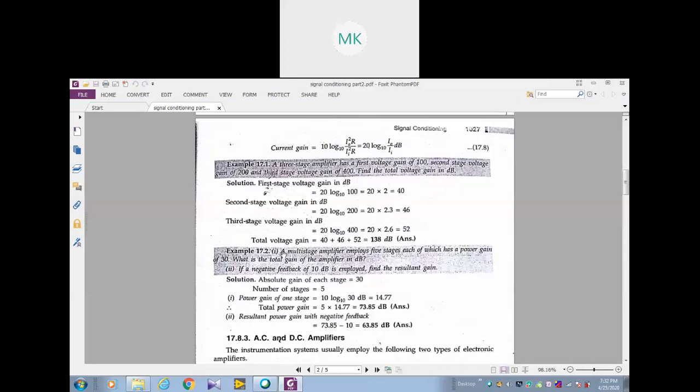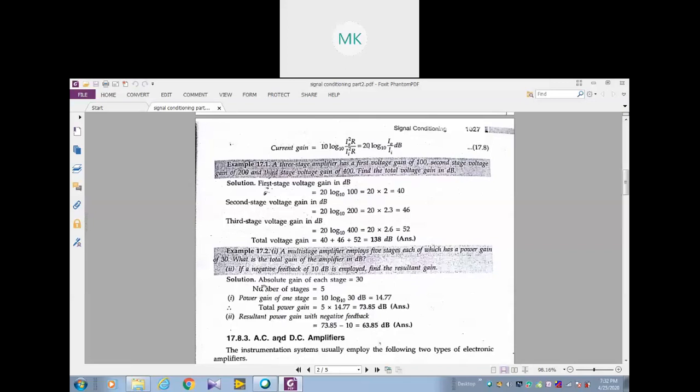Now a multi-stage amplifier employs 5 stages, each of which has a power gain of 30. What is the total gain of the amplifier in dB? If a negative feedback of 10 dB is employed, find the resultant gain.